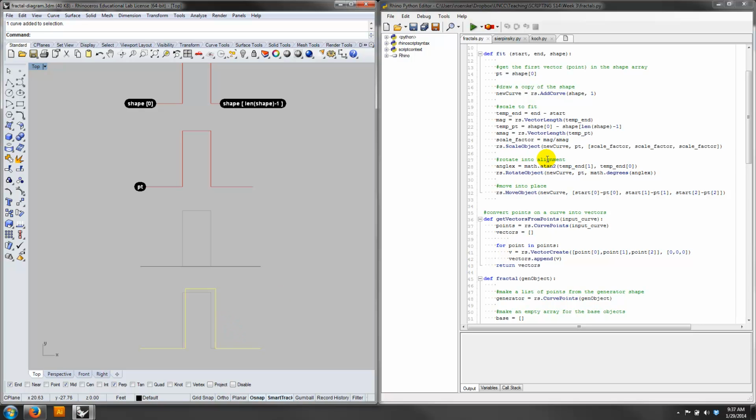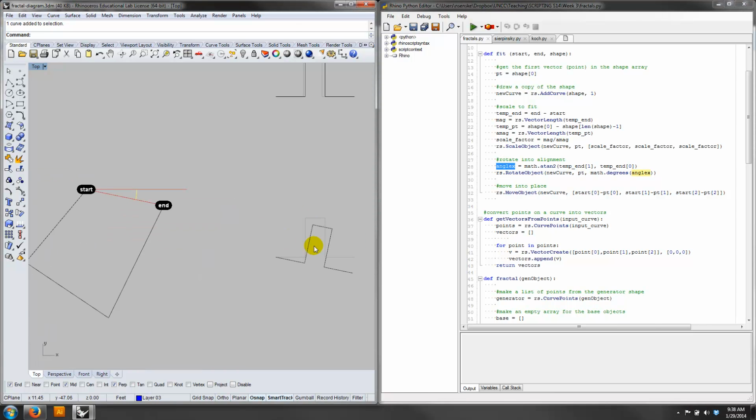And then I'm going to rotate it into alignment, and to do that I figure out what the angle is. Basically, it's not exactly this way, but I figure out what the angle is between the start point and the end point and the base plane, basically. And if I do an arctangent, I'm going to get the angle x.